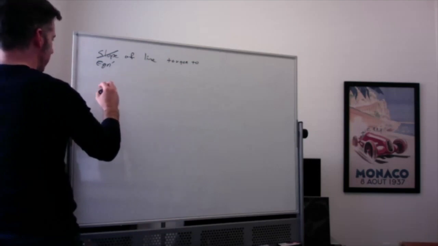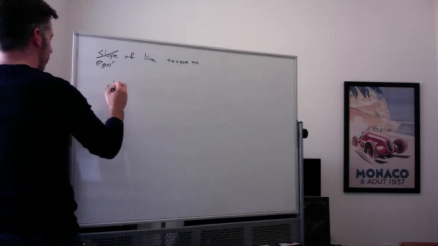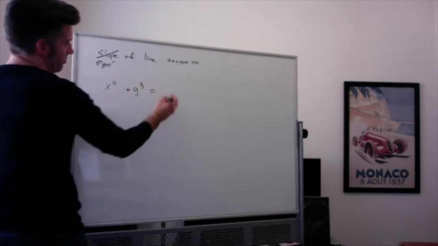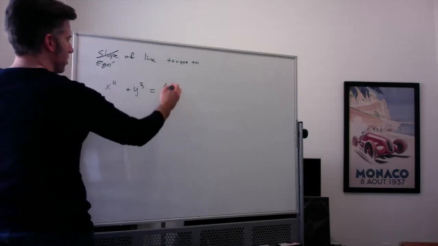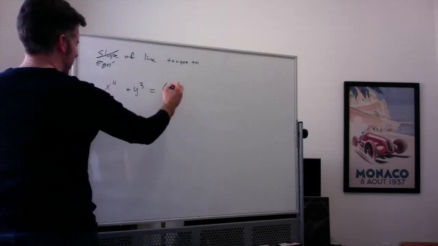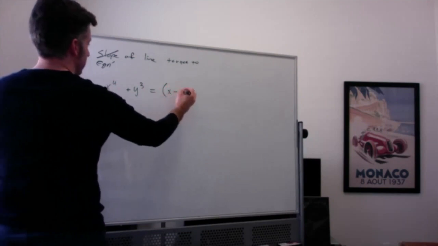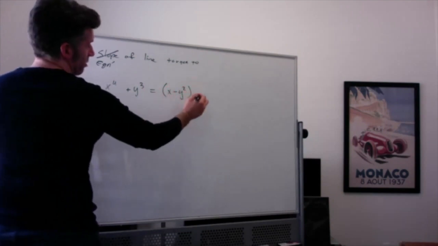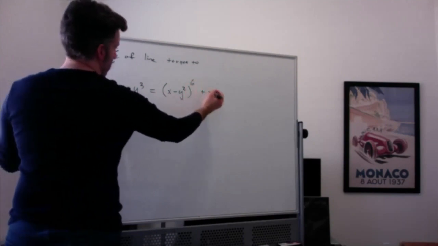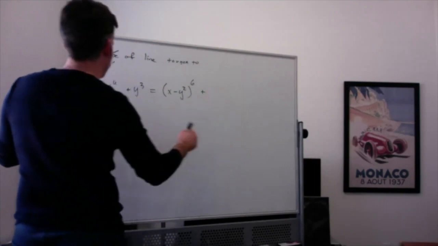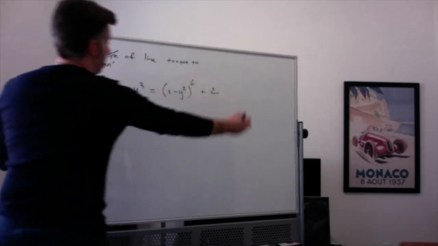Let's do something like x to the fourth plus y cubed equal to x minus y squared to the sixth plus 2.